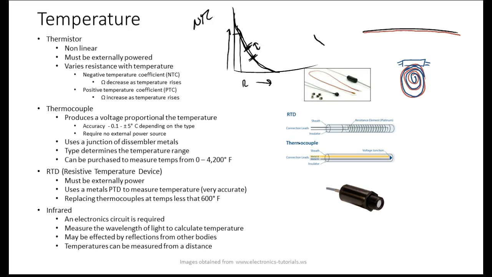Now the big problem we have is it's affected by what? Well, other bodies do, and temperature and other bodies. So, if you don't have those things lined up perfectly, a lot of them have a laser sight on there. It's not using the laser sight to measure, but it's using it to make sure you're pointing that thing at exactly what you want to measure temperature.